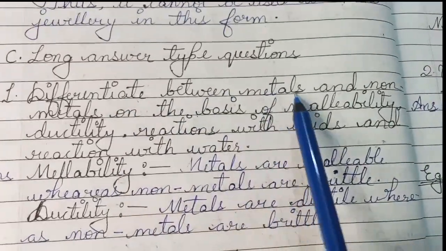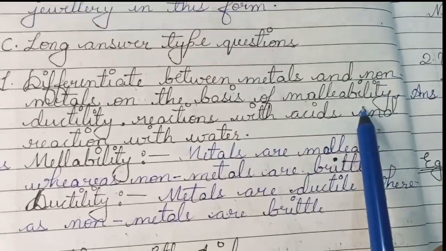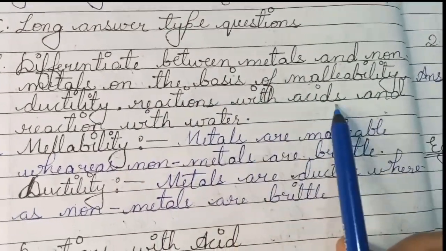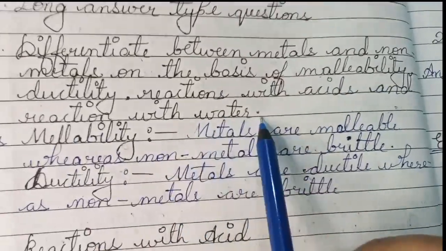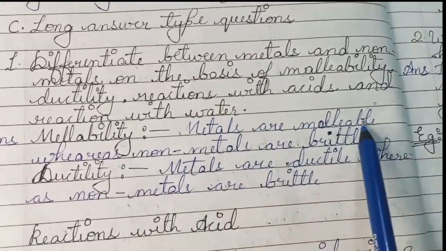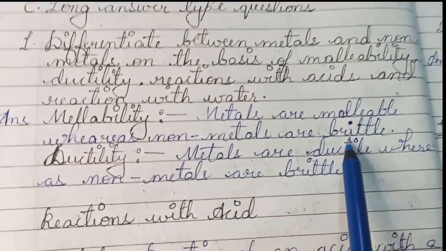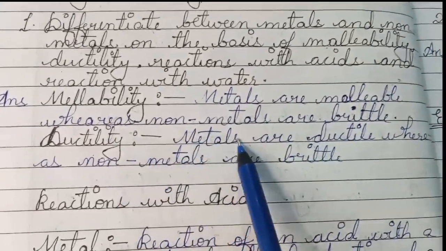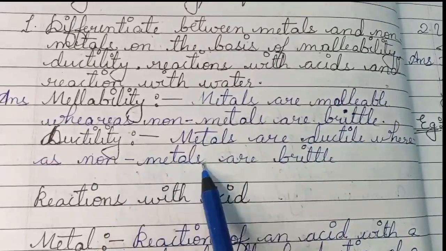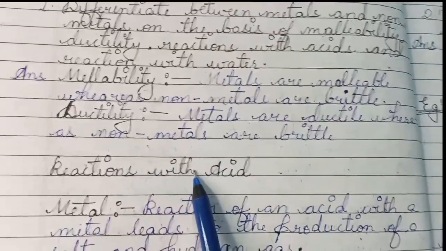Differentiate between metals and non-metals on the basis of malleability, ductility, reactions with acids and reactions with water. So malleability. Metals are malleable whereas non-metals are brittle. Ductility. Metals are ductile whereas non-metals are brittle. Reactions with acid.